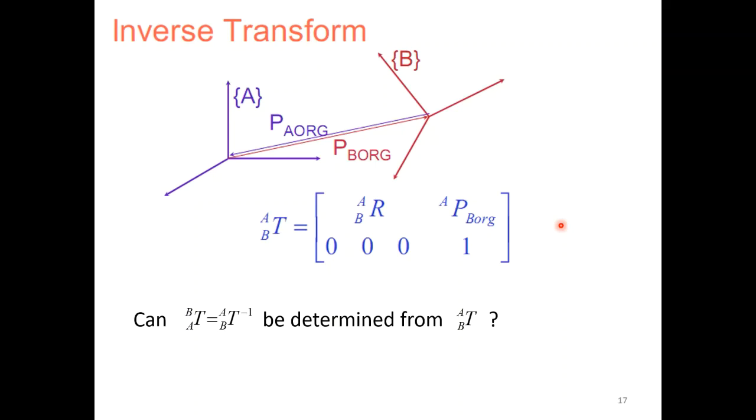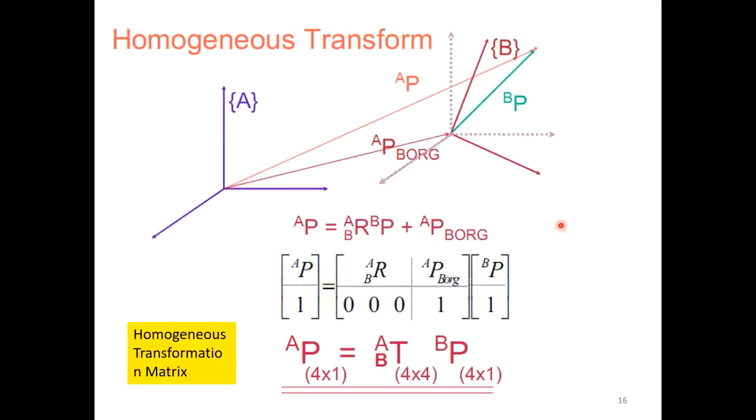Now we have the homogeneous transformation matrix, not just the rotation matrix. How do we go about it? You remember the rotation one, when you do the inverse, it was very easy, right? Eventually it was like the transpose, right?